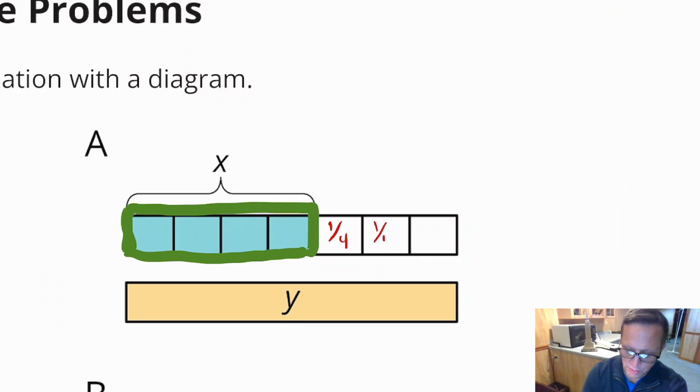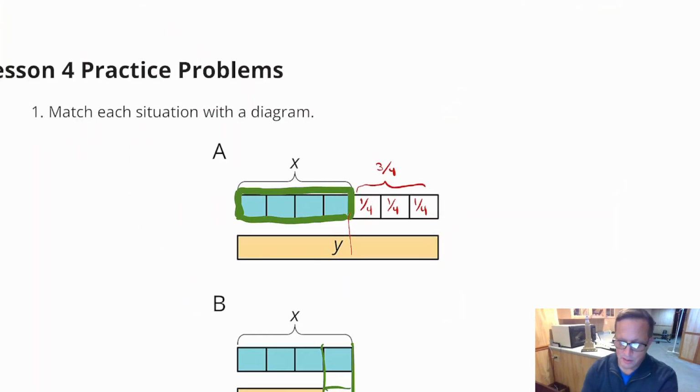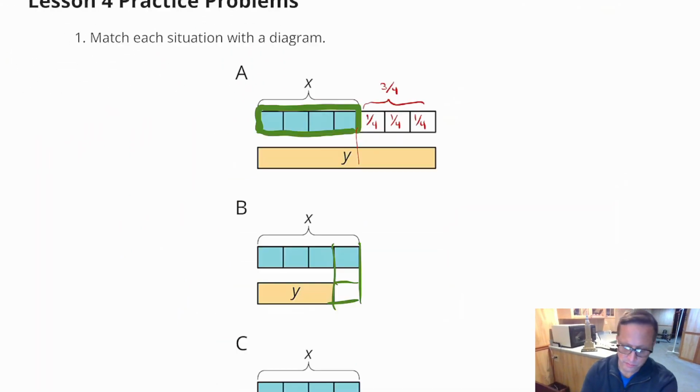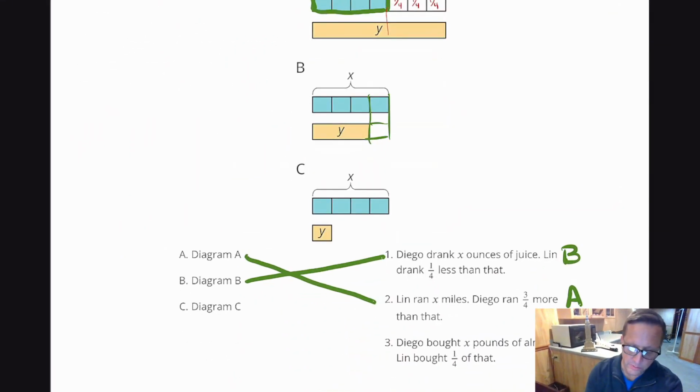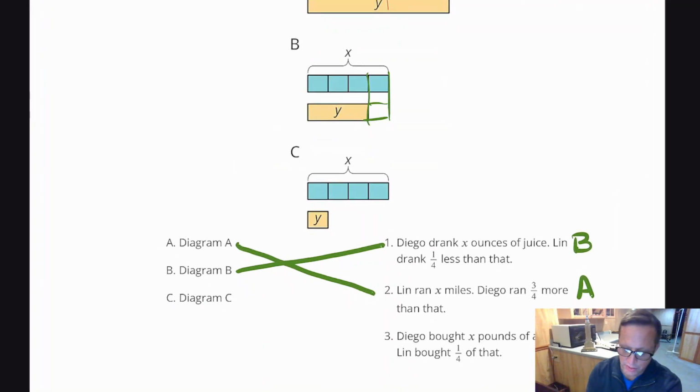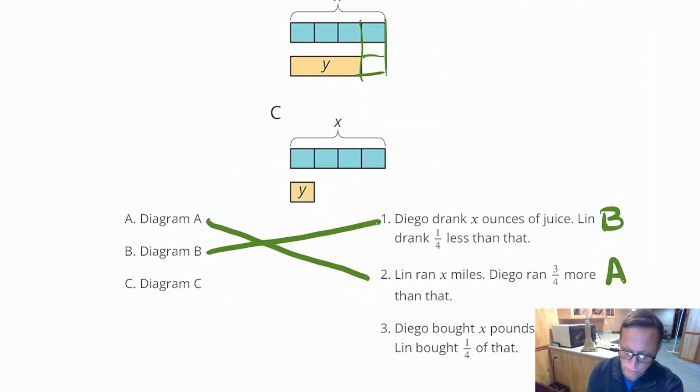That's 1/4, that's 1/4, that's 1/4. Together, that makes 3/4 right there, which kind of makes sense because that's farther, right? And process of elimination, deductive reasoning tells us that C should be 3, right?